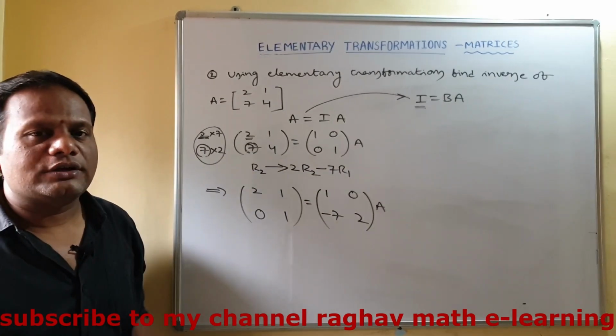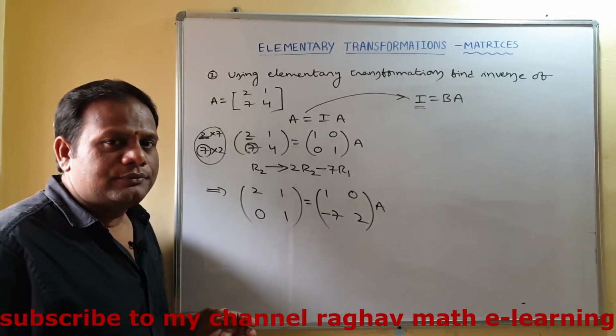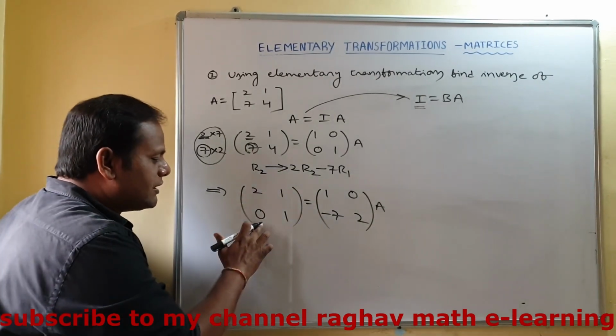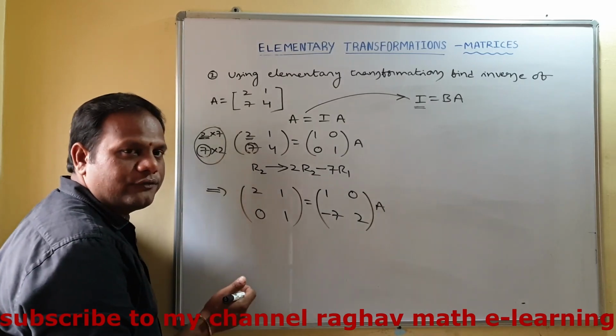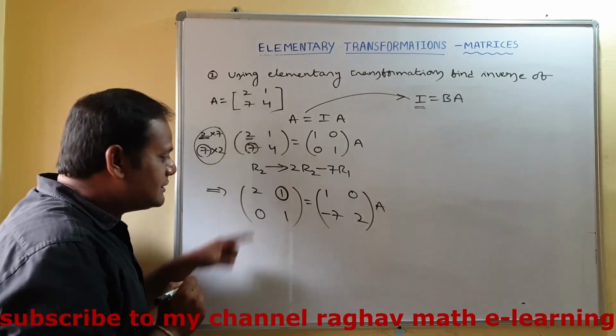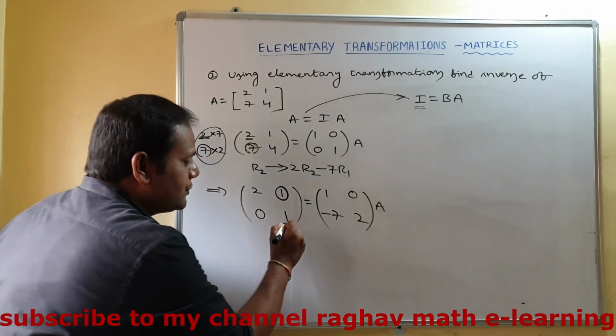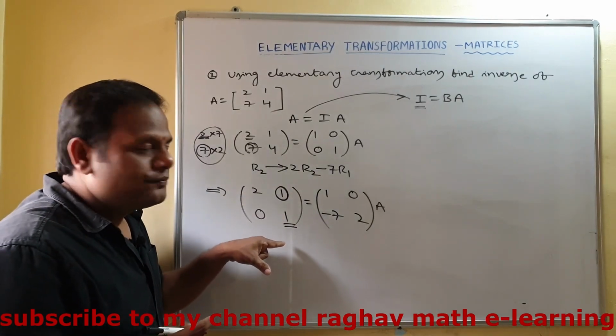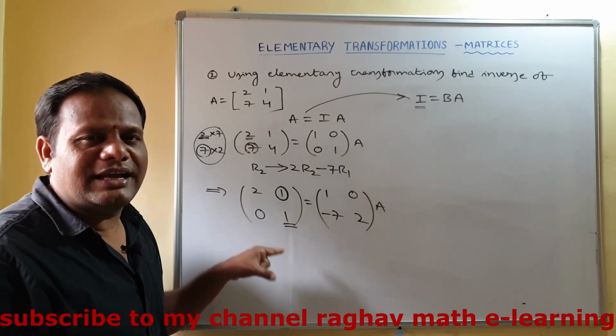The first step is over. In the second step, our target is getting the identity matrix. Here we got 0. Next 0, where? Yes, this place. You have to make this element 0 using this element. Observe these two. Are they equal? Yes, they are equal.